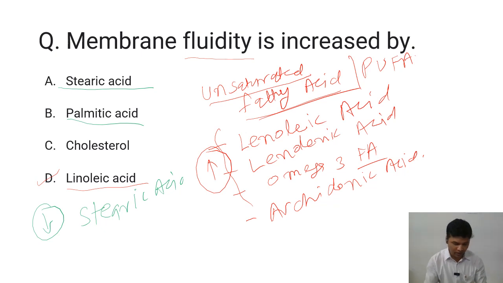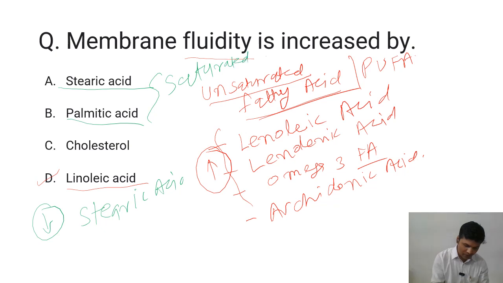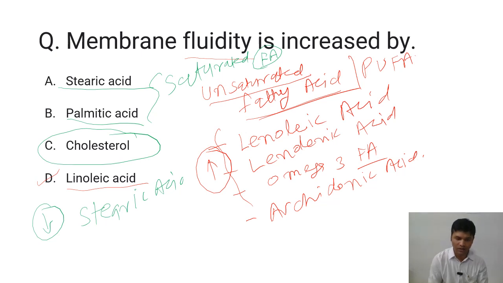These two components are actually saturated fatty acids. These are responsible for reduction in fluidity. Then what about cholesterol? Cholesterol is the other option. These two are not in the options, so these two are not the answer.